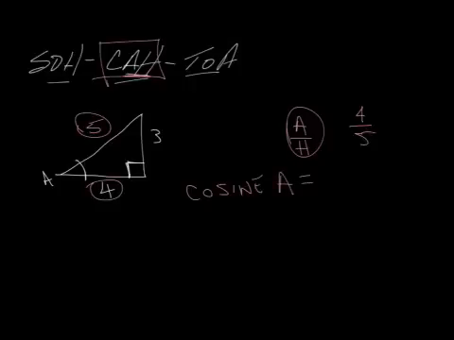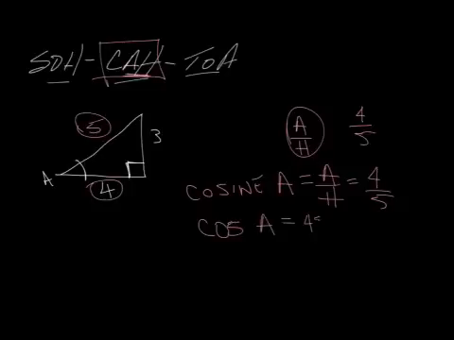Cosine of A is adjacent over hypotenuse, which is 4 over 5. So if I say, what is the cosine of A? You would write cosine of A, again 3 letters, equals 4 fifths. Or 4 fifths is 0.8000. Again, 4 decimal places.